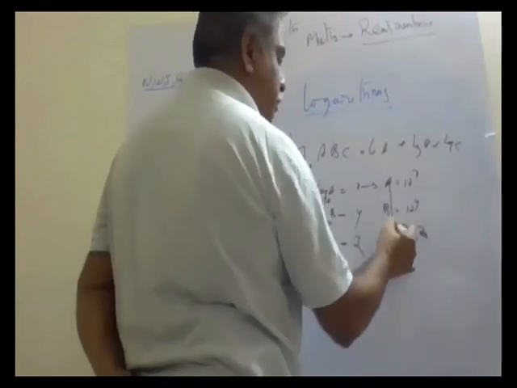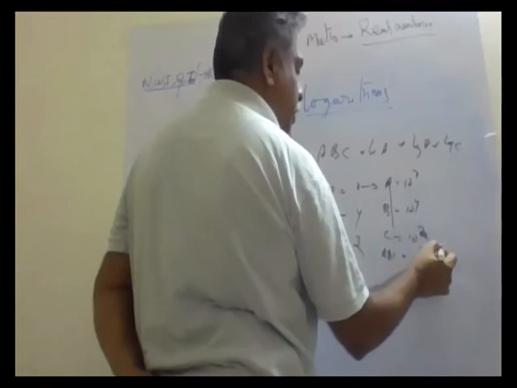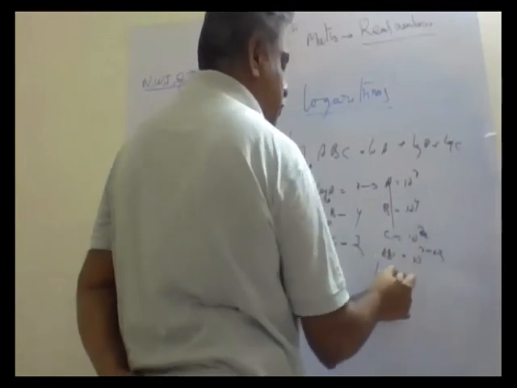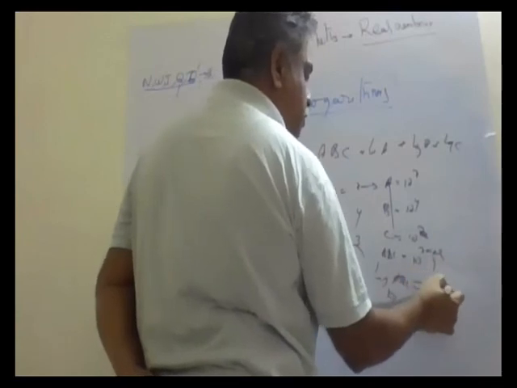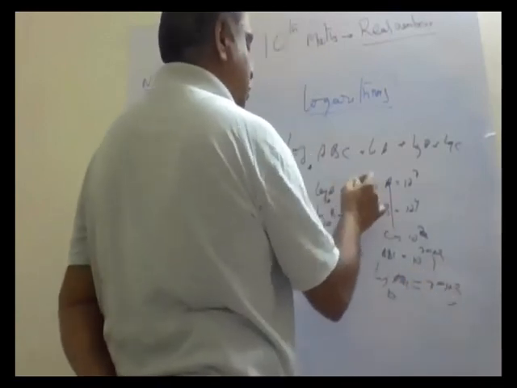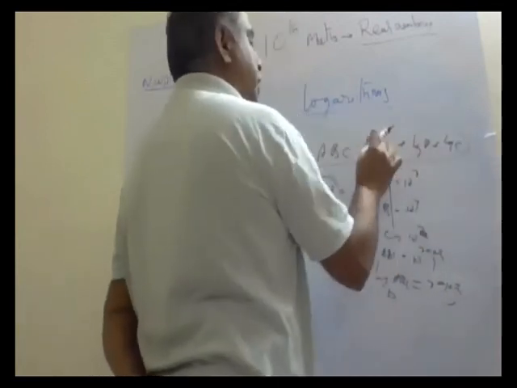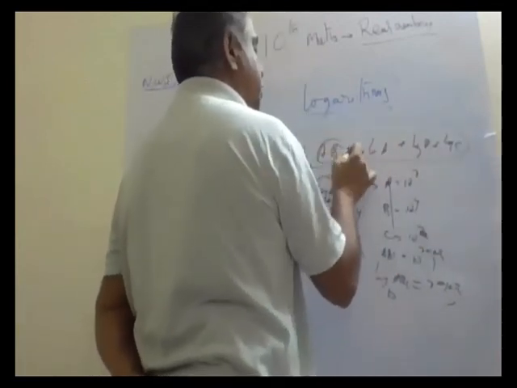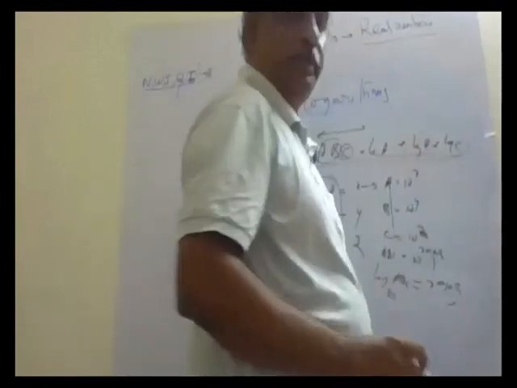So when I multiply a, b, c, it becomes 10 to the power of x plus y plus z. So log of abc base 10 is equal to x plus y plus z. X plus y plus z means log a plus log b plus log c. This is our formula. Earlier we did it for 2 terms, now we have extended it to 3 terms. So it can be any number of terms.